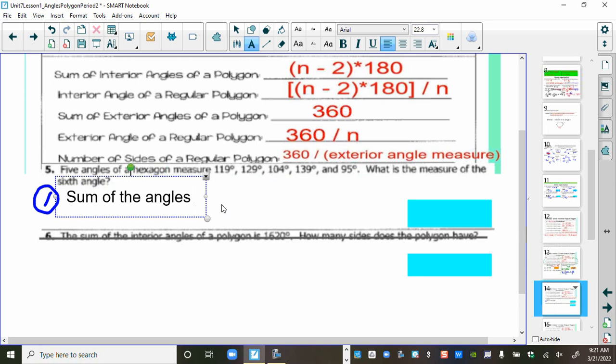They add up to how many degrees? Anybody remember? That's a triangle. I want a hexagon. A little further. That's a little warmer. Go back to the chart. There's a chart, I think, on one of the first few pages. That's a quadrilateral. That's only.